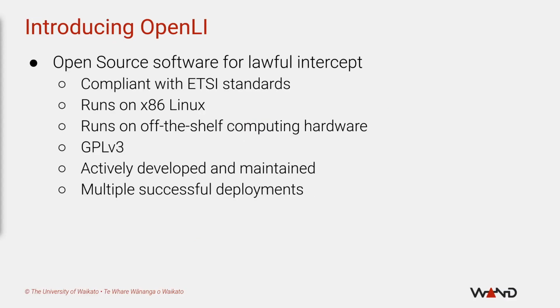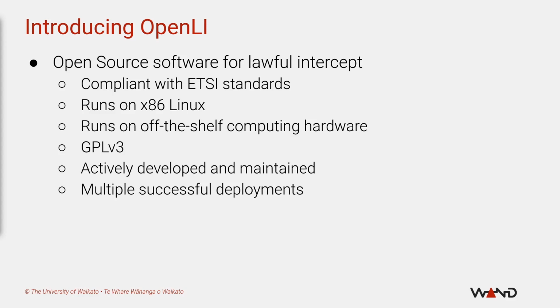Before we begin, it may be worthwhile to remind ourselves what OpenLI is and how it is different from conventional LI systems. As I mentioned in the first chapter, OpenLI is an open source alternative that is designed to allow smaller network operators to meet their lawful interception obligations without having to spend a large amount of money.